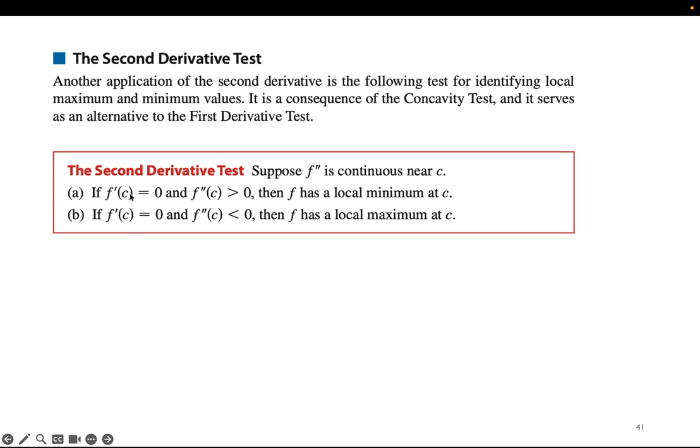The reason is because you have a critical number, and f double prime being positive means concave up. So if it's concave up, then you have a local minimum. But if f double prime is negative, which is concave down, follow my mouse here, concave down means you have a local maximum.